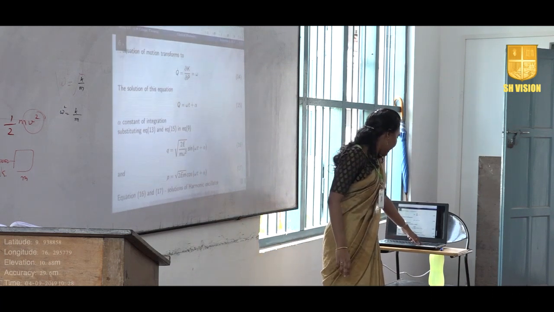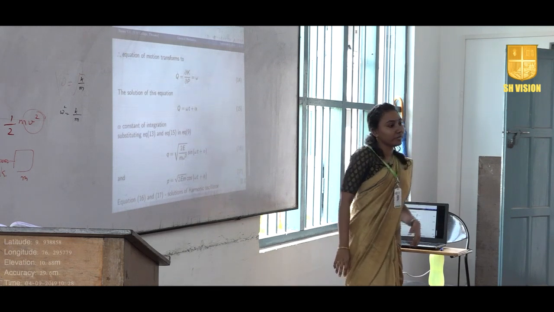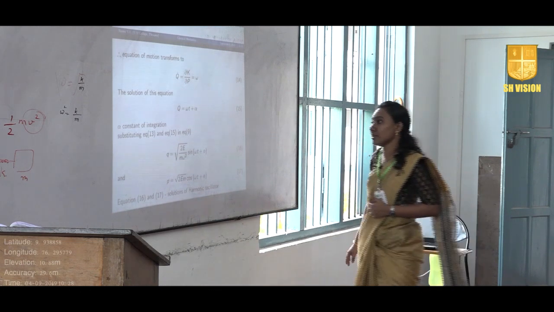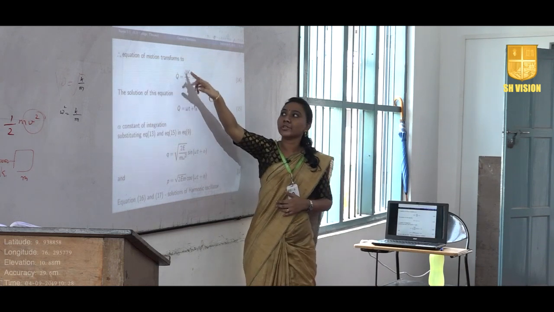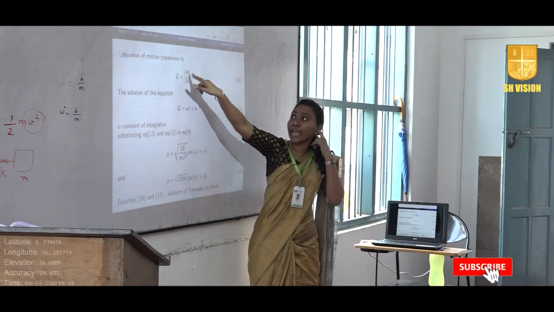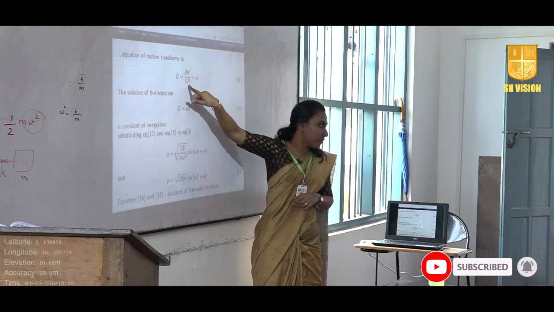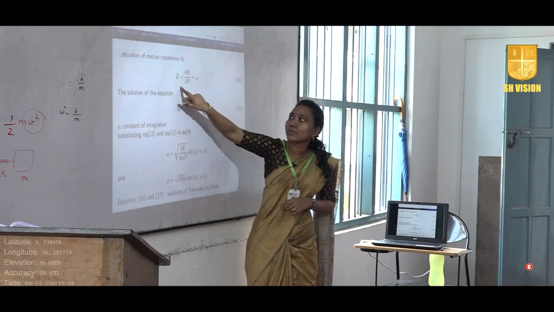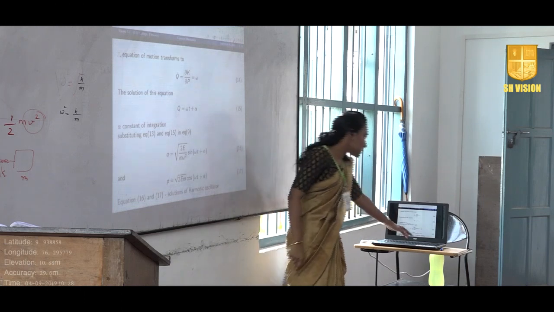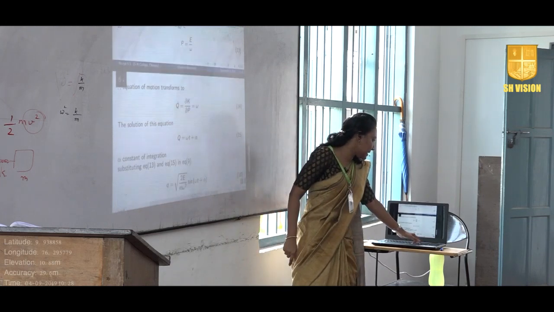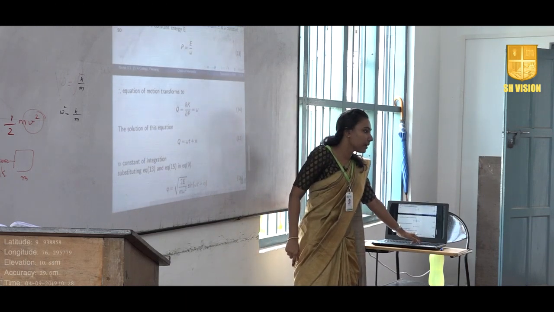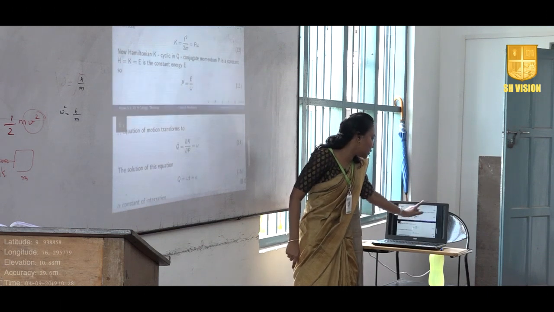Therefore, what will be the equations of motion? Q dot is equal to dou K by dou capital P. This is one equation of motion, and that becomes omega, because we know that K is equal to P omega.